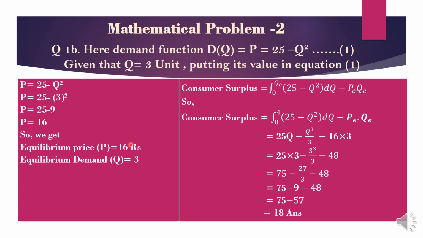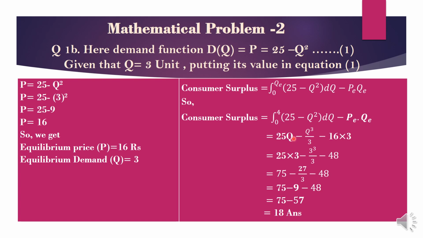PE is equal to 16 and QE is equal to 3. So we get integration of 25 is 25Q, and integration of Q² is Q³/3, minus P which is 16 into QE 3.